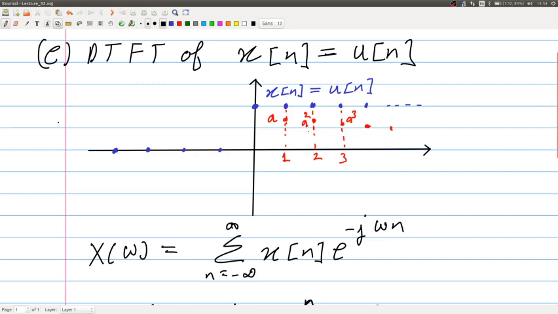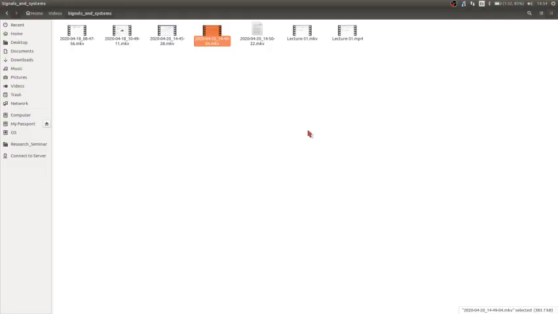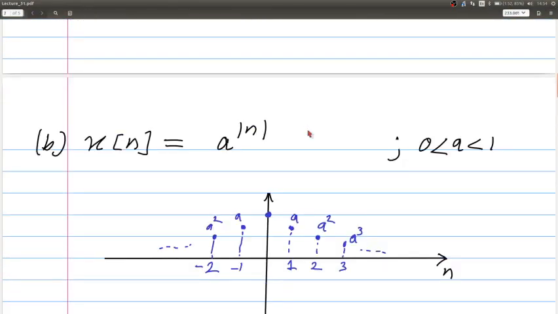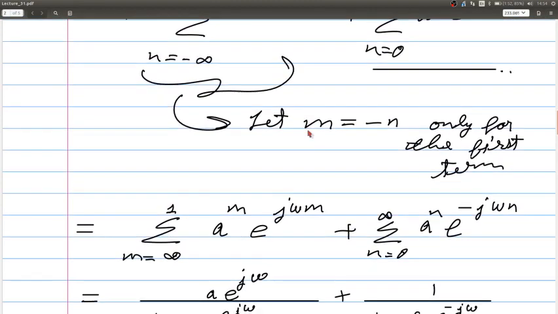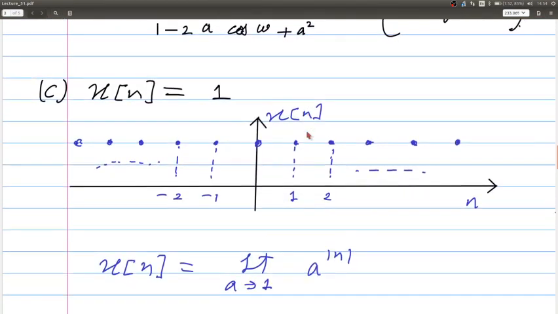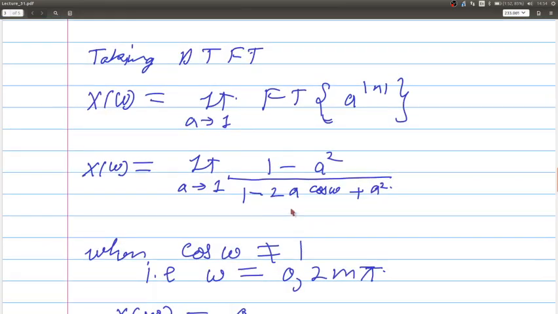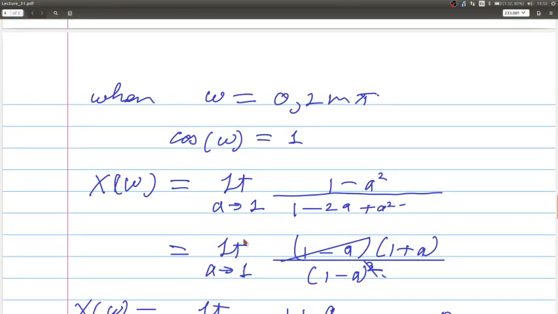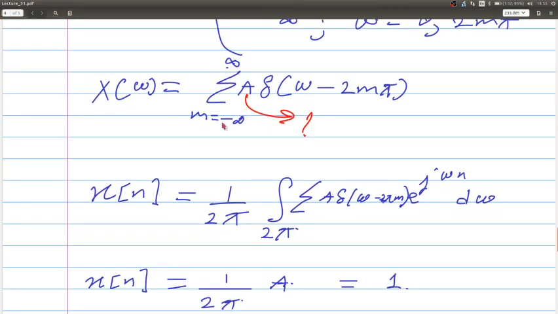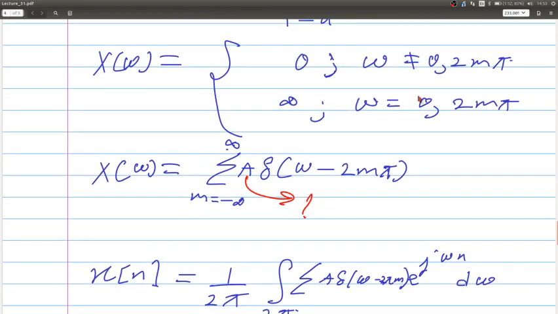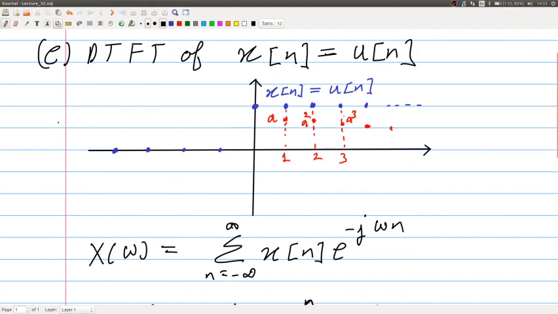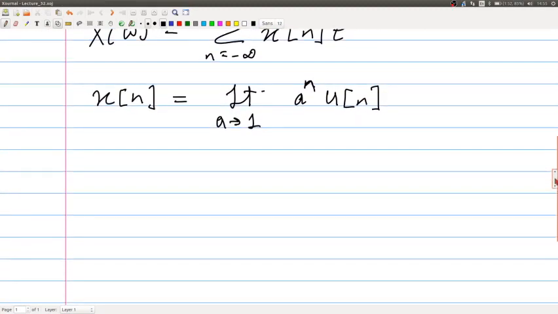I have already applied the limit a going to 1 for a known signal, and we got the impulse function. So I want to use this result to directly get the answer for the DTFT of u of n.